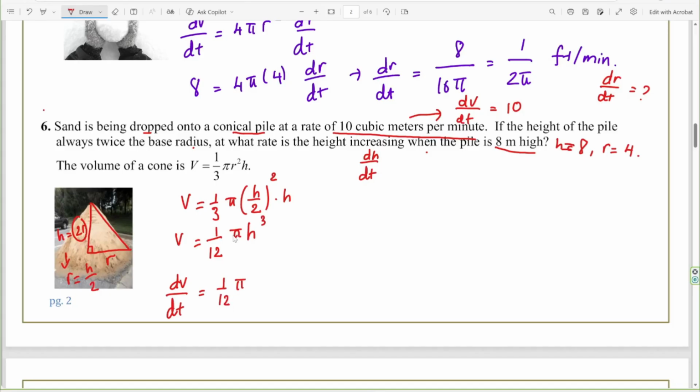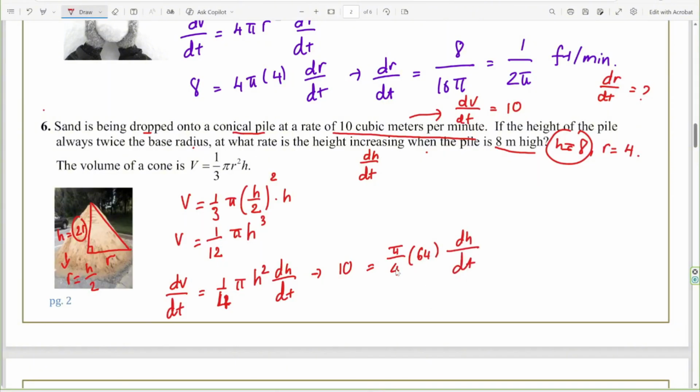Alright, bring 3 to the front. So it turns out to be 1 over 4, right? Times pi times h squared times dh over dt, right? And then we just substitute values. dv over dt equals 10 equals pi over 4 times h right here is 8. H squared equals 64, right? Times dh over dt, right?